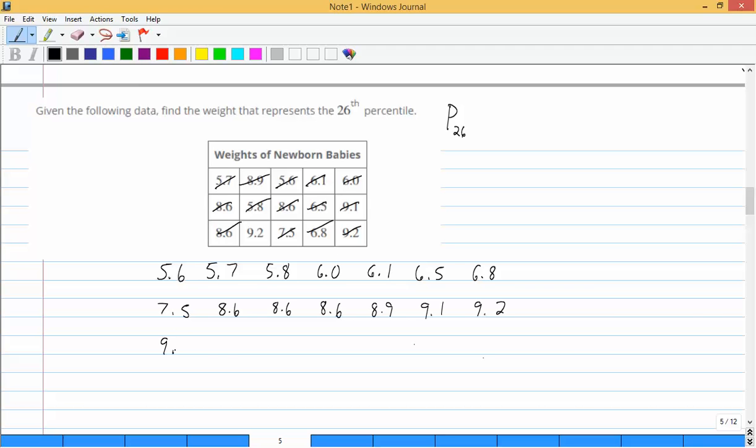So let's count and make sure I have the same number. Alright, so there are 15 here, 15 there.